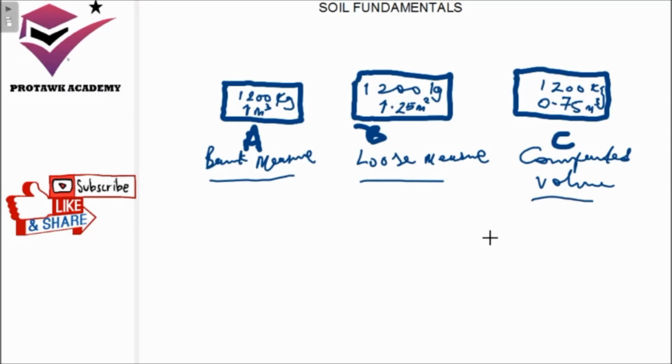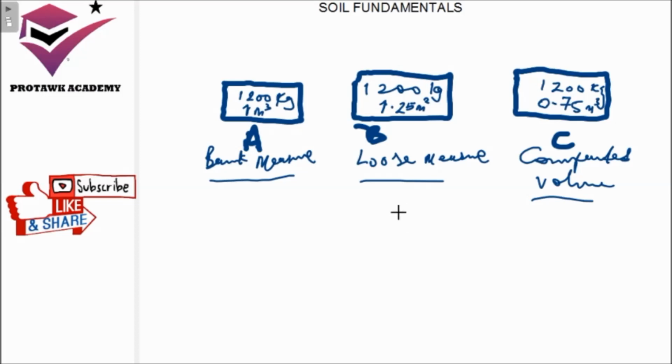So we're trying to illustrate the nature of soil in its bank, loose or compacted state. When it is in bank measure, or its original form, it has the same mass but a volume of 1 cubic meter. When it is loosened during excavation, we are loosening the particles of the soil and air may be introduced.